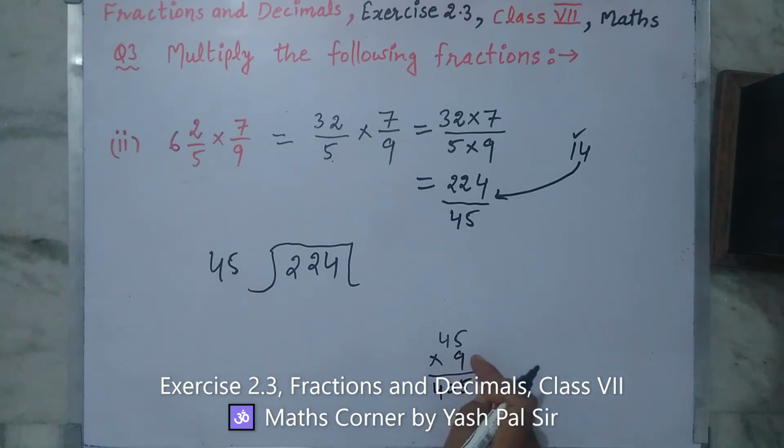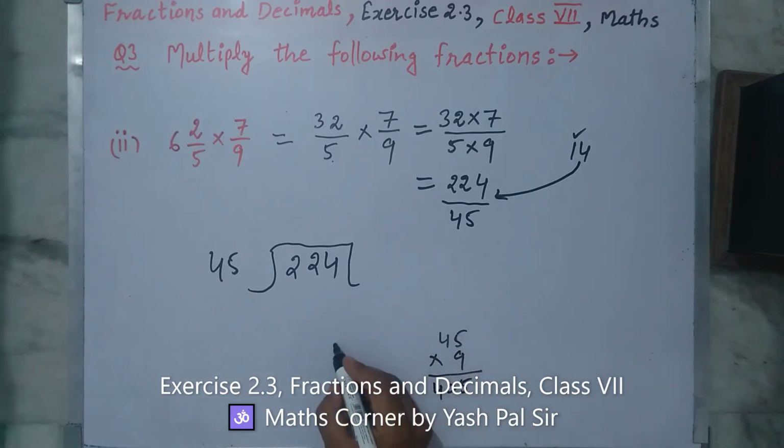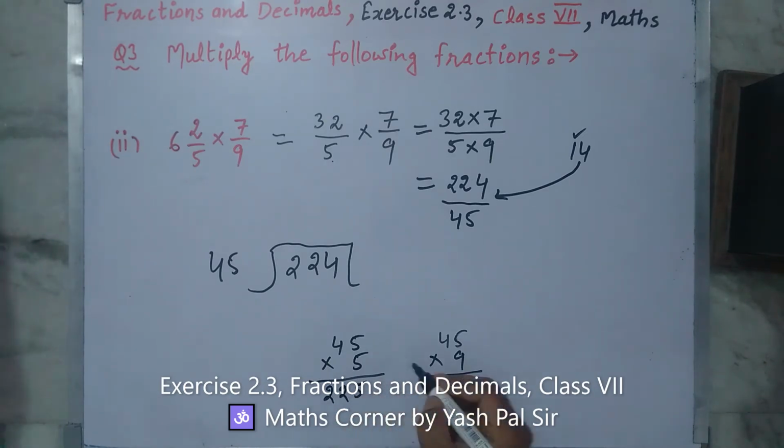So this is far away. So we are reducing now. After 9, we come to 45 into 5. What happens? 5 into 5, 25. 5 into 4, 20. 20 plus 2, 22. So 25 is also a greater number.